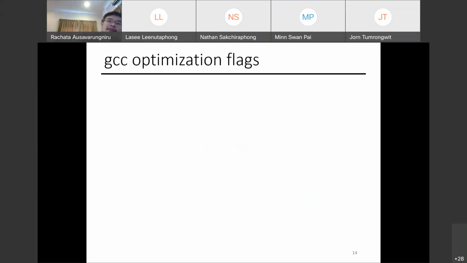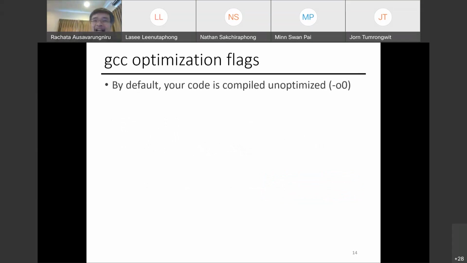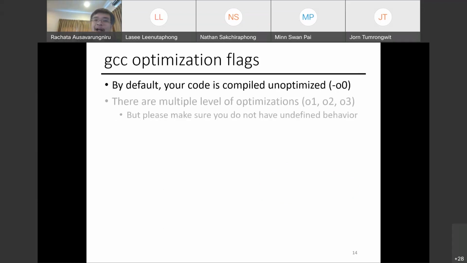GCC also comes with multiple optimization flags that I recommend you try, actually. By default, your code is compiled and optimized. Depending on the version of GCC, to be honest, sometimes it's actually not optimized. There are multiple optimization levels: O1, O2, and O3. Please make sure you don't have undefined behavior or weird things in your code before you use O3.